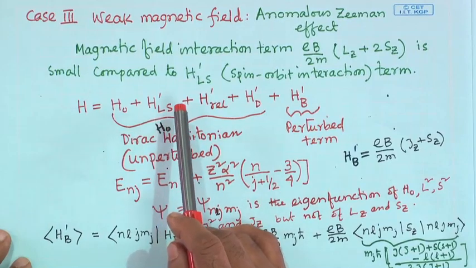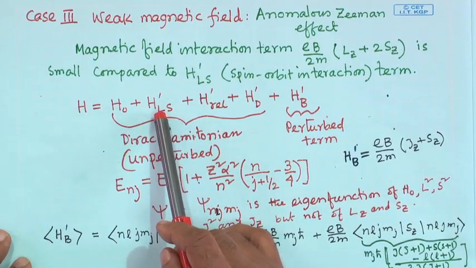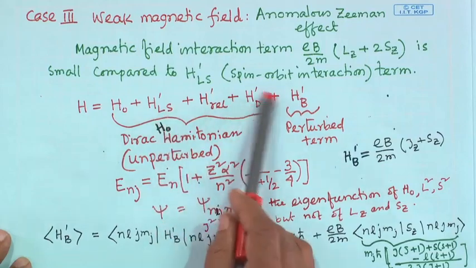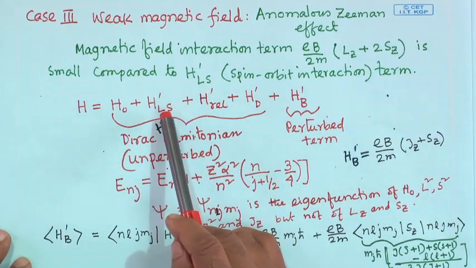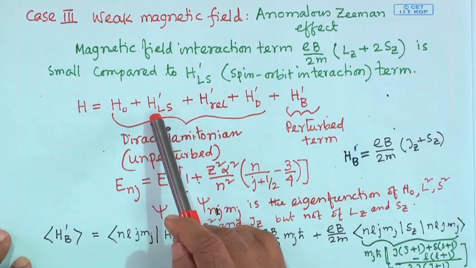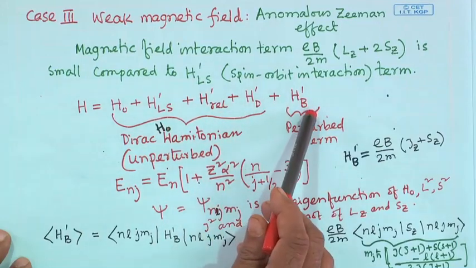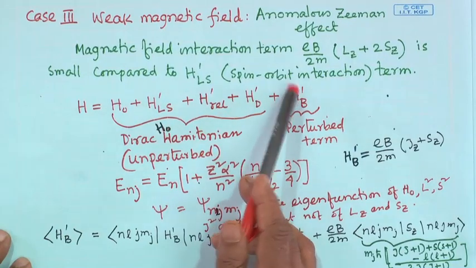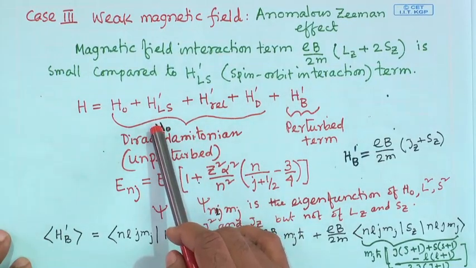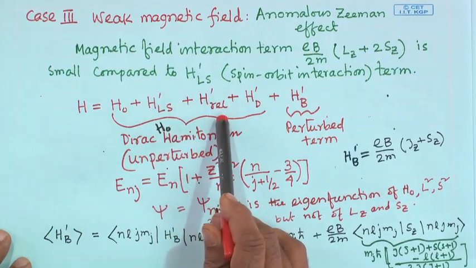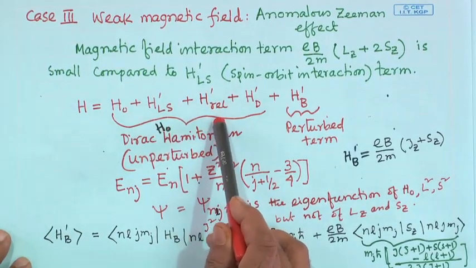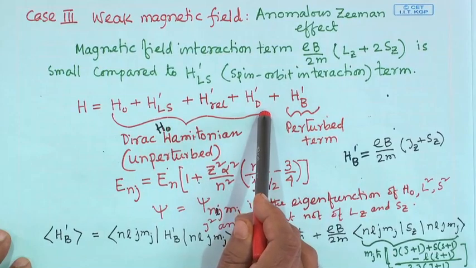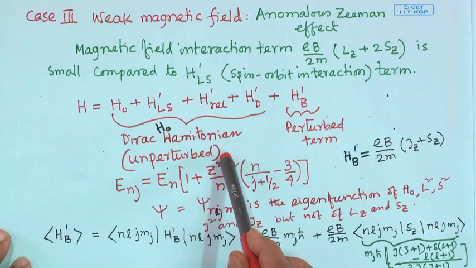Earlier we neglected the LS term because it was very small, but now the magnetic interaction term is really very weak, and compared to that the LS coupling term is strong. So now we cannot neglect the relativistic term and the Darwin term. Okay. So, the unperturbed Hamiltonian we have to consider is basically the Dirac Hamiltonian.